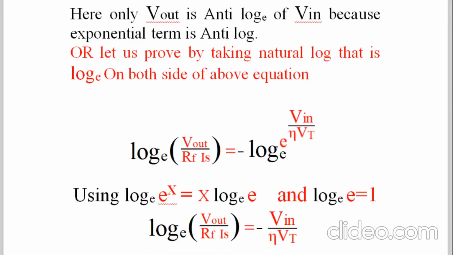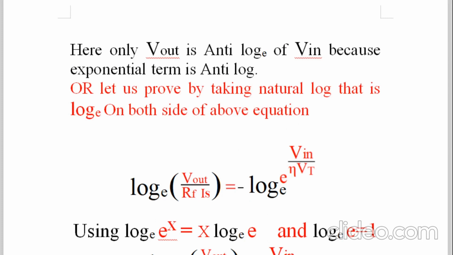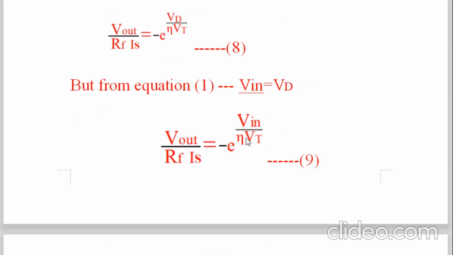Let us proceed next. Now if you observe equation number 9 very carefully, you will find e raised to x, where x is nothing but Vin divided by eta into Vt.